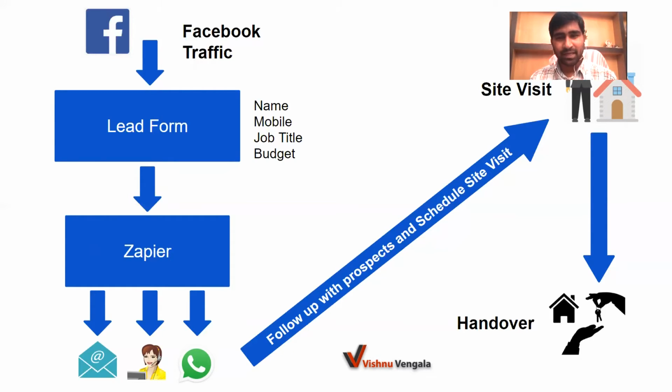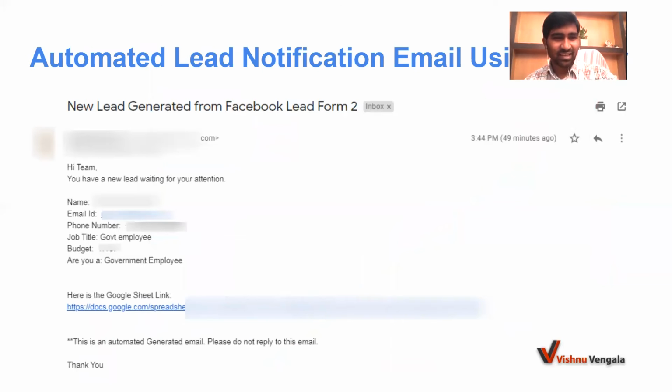Because if you are a customer looking for your dream home, and you have seen my ad on Facebook, and you are convinced that this project fits you and your budget, and you have given all the details, your name, mobile, job title, and budget, and you are still on the laptop or mobile, those details are sent to Facebook in the back end, and in microseconds they are captured and sent across to the Google spreadsheet using Zapier, and your sales team also gets the email notification like this, with your name, email ID, phone number, title, and your budget.